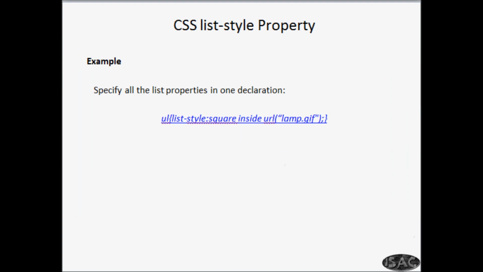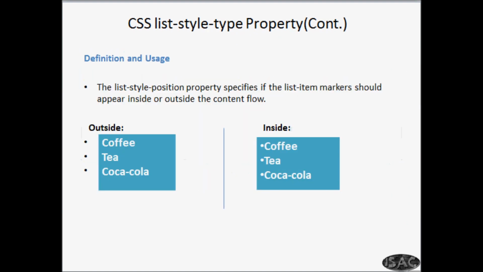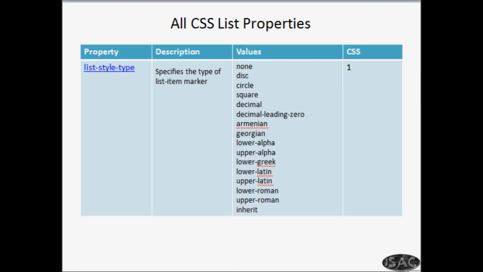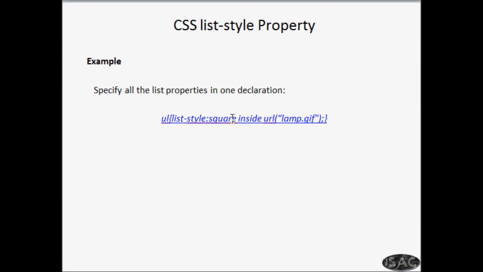If you put outside, there will be a gap between the marker and the text. But if you say inside, it will be near the text, right? So see the difference between inside and outside here. Now come back here. We are saying square inside, so there's less space between the content and the marker we have, right?